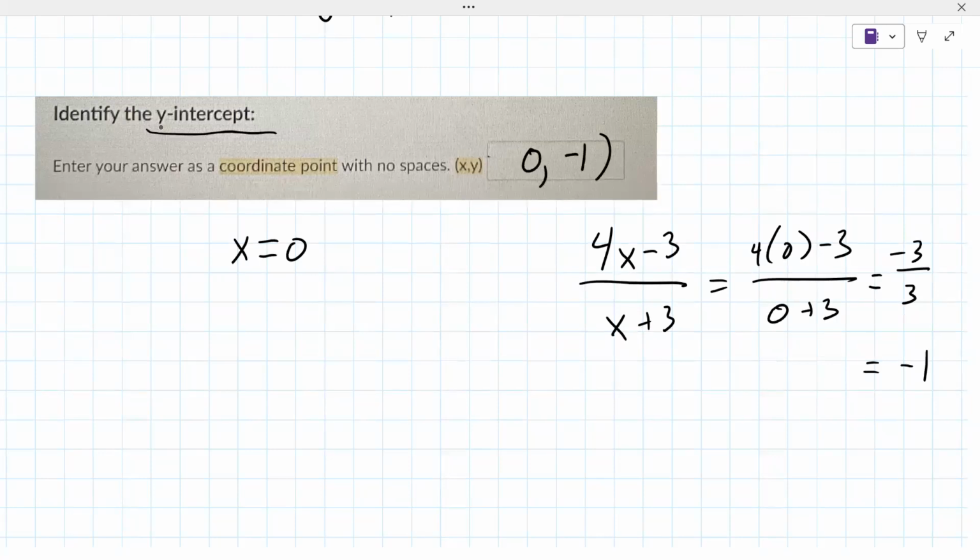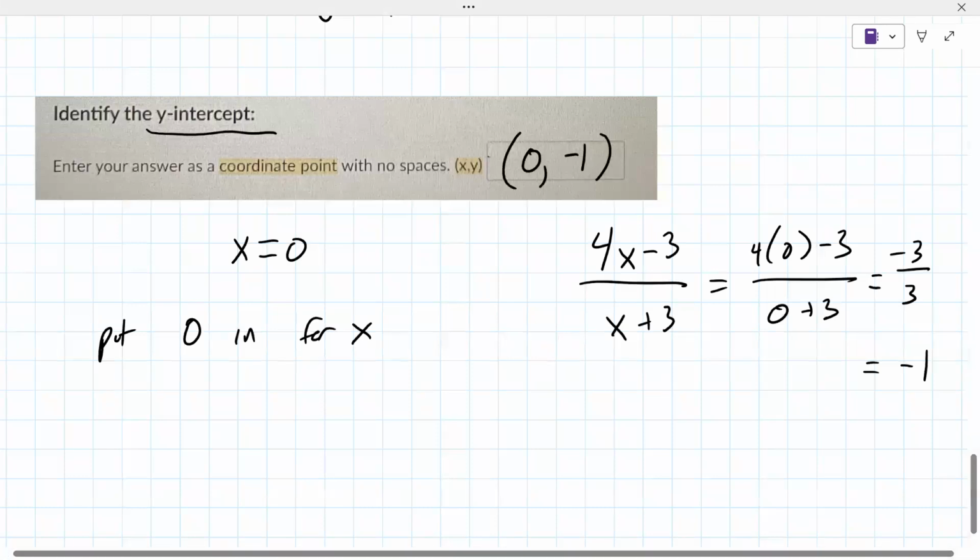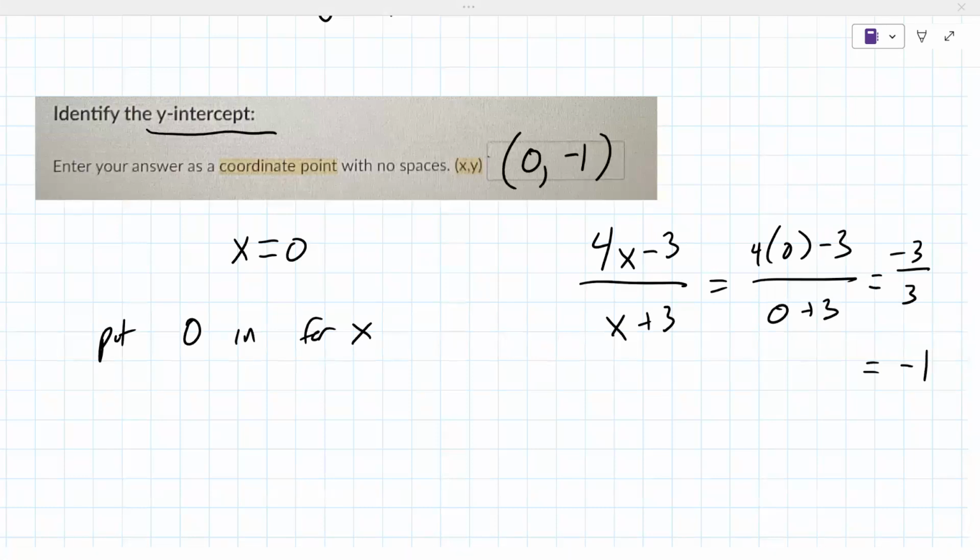So it's (0, -1). And it looks like there's a bit more there. Maybe, it's as x approaches negative infinity, y approaches blank, and then as x approaches positive infinity, y approaches blank.